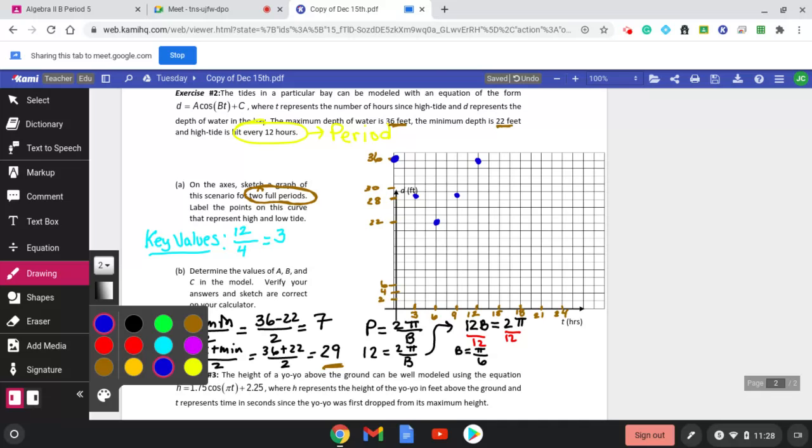And then you guys can repeat that all right, for 2 full periods. Repeat it again. Guys, finish that up.